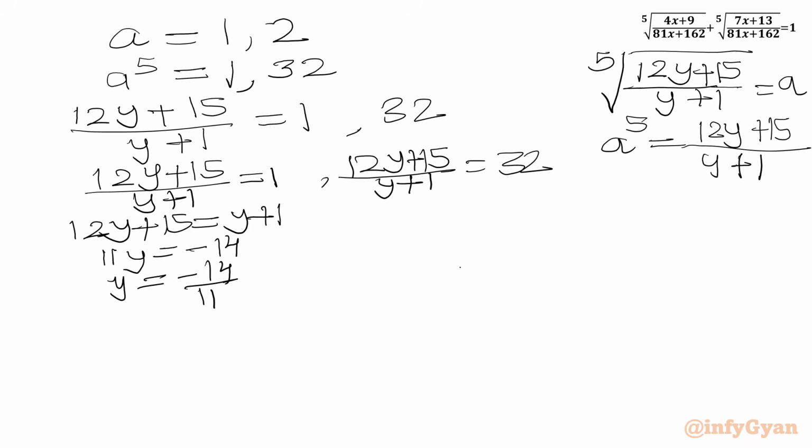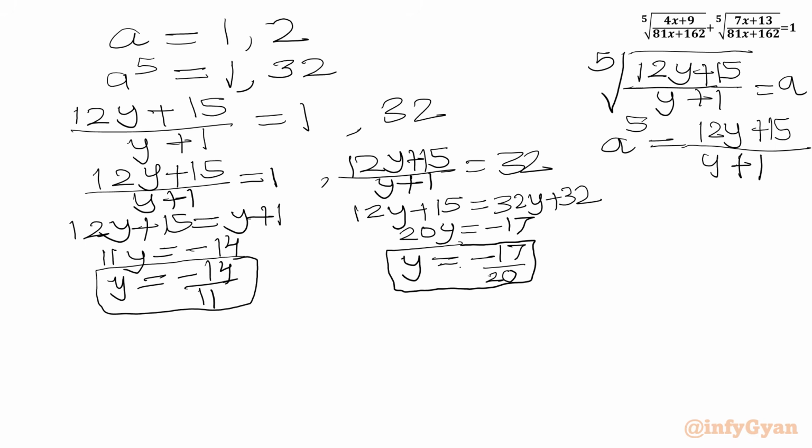Now we have to solve the second equation. After cross multiplication and simplification, we will get y value minus 17 over 20. So we have minus 14 over 11 and minus 17 over 20. So y equal to minus 14 over 11 and minus 17 over 20. y was our substitution, it was x plus 1.